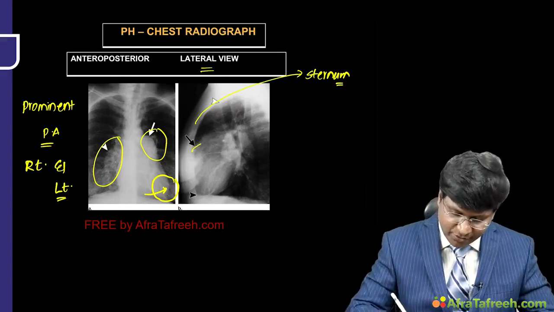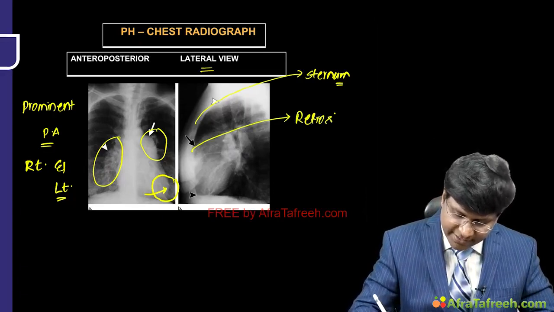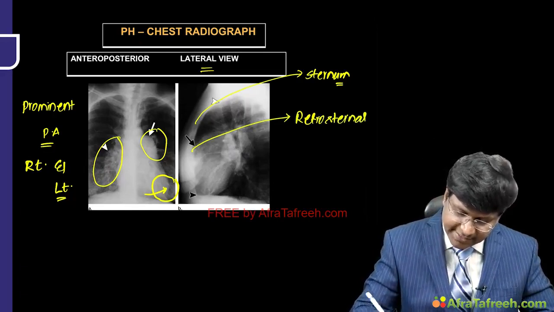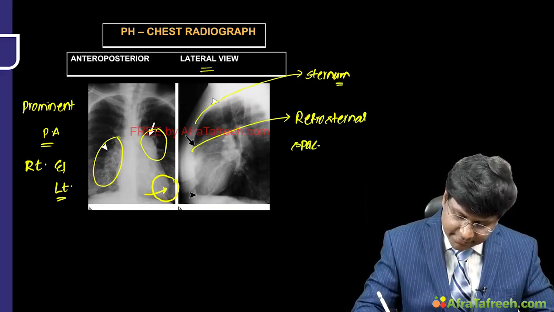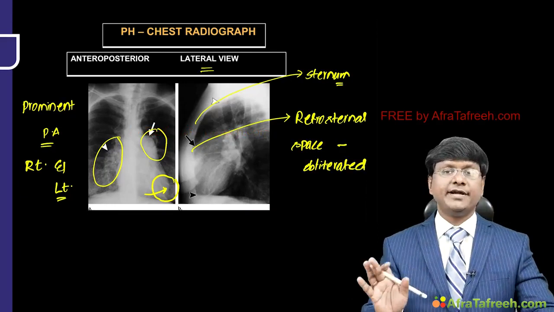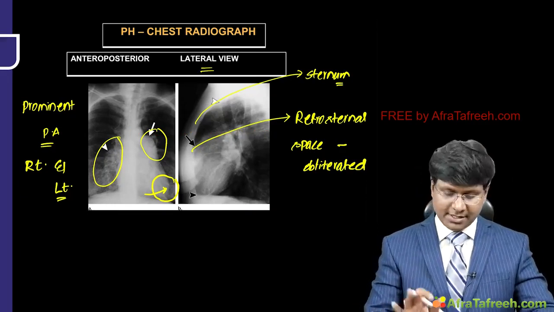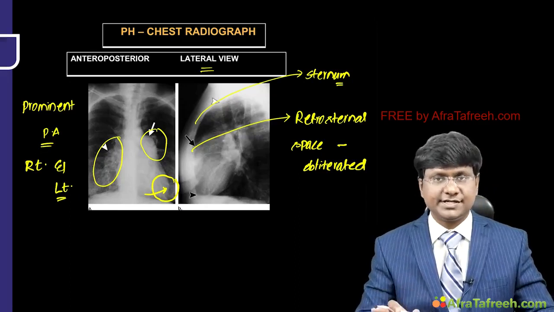What will happen to that retrosternal space is that it gets obliterated, and this obliterated retrosternal space is occupied by the hypertrophied right ventricle. That is what you will observe in the chest X-ray.